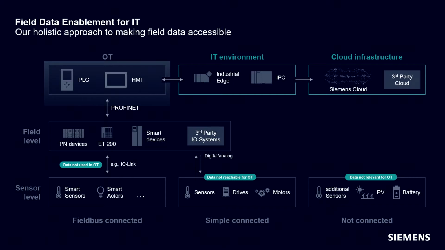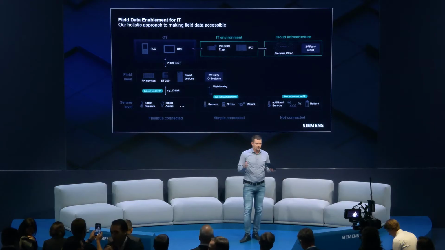And the point with that is that these data are optimized for OT. So that means it's deterministic, it's focusing on safety, and it's especially made for fast communication, for high productivity, and for high quality.